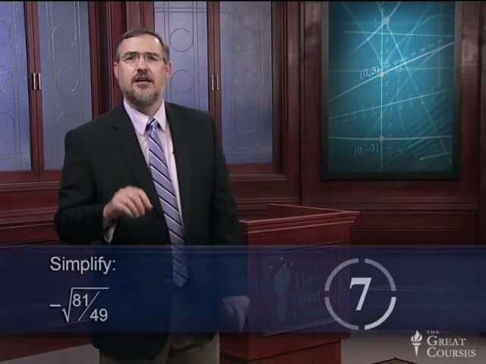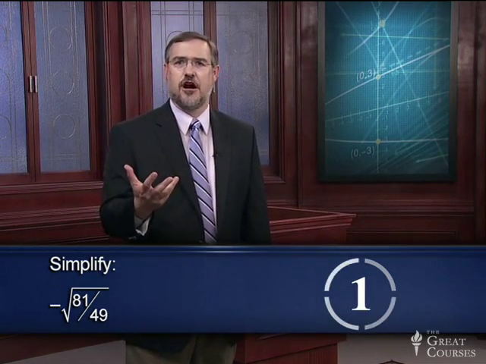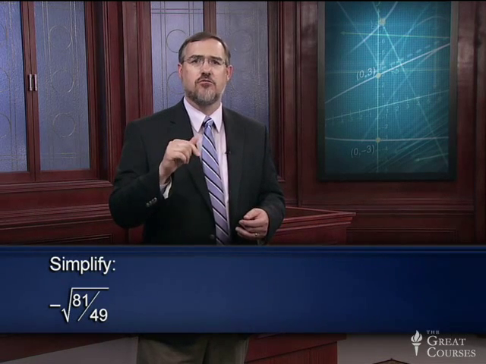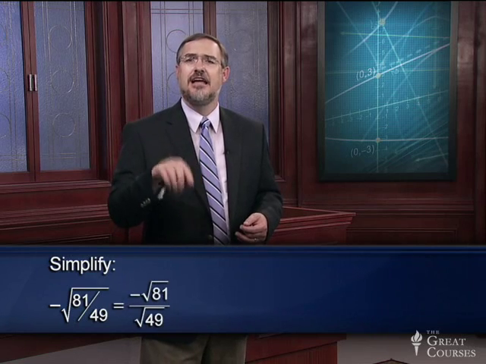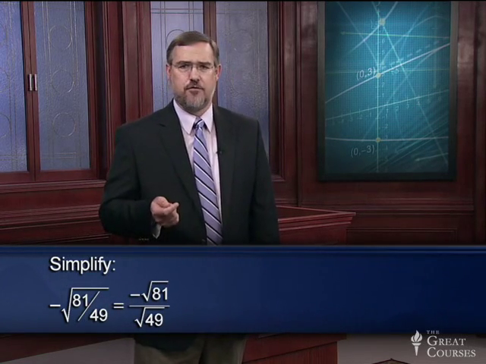So here's one. Simplify the negative of square root of 81 divided by 49. Well, how'd you do? Well, let's walk through it together and see. We know from what I just said that we can break this problem into 2 separate square roots and rewrite negative square root of 81 over 49 as negative square root of 81 divided by square root of 49.